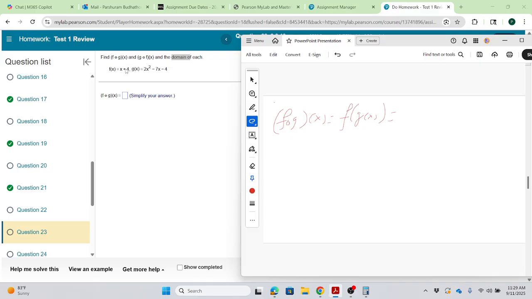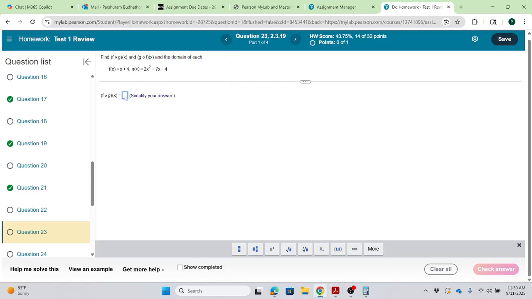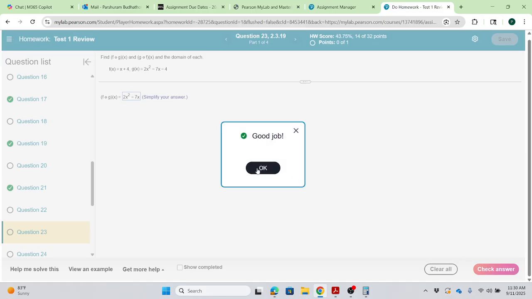I go to the formula of f of x, I replace x by the value of g of x, so that will be g of x plus 4. g of x is 2x squared minus 7x minus 4, plus 4, and this is gone: 2x squared minus 7x. So that's the composition, 2x squared minus 7x.